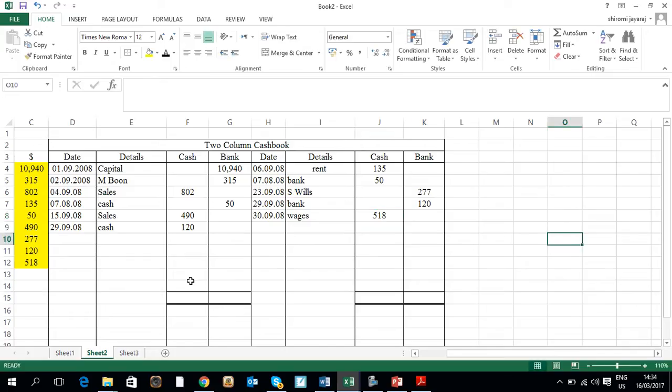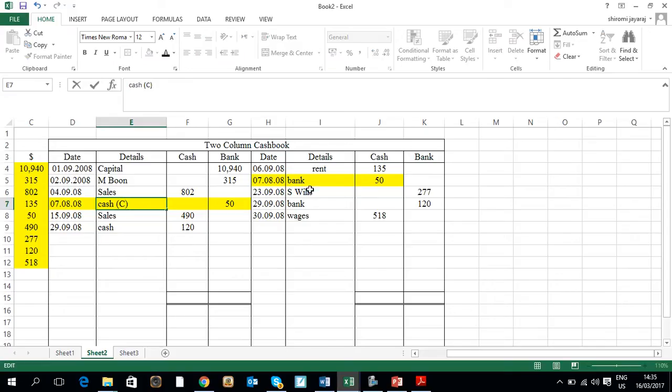Okay. Now it's time to balance off the cash book, but before moving into it, you can clearly see this transaction as well as this transaction are related to cash and bank. So always make sure to write C, which is a contra.